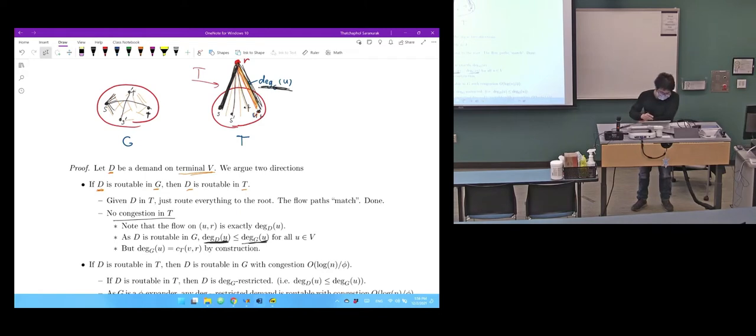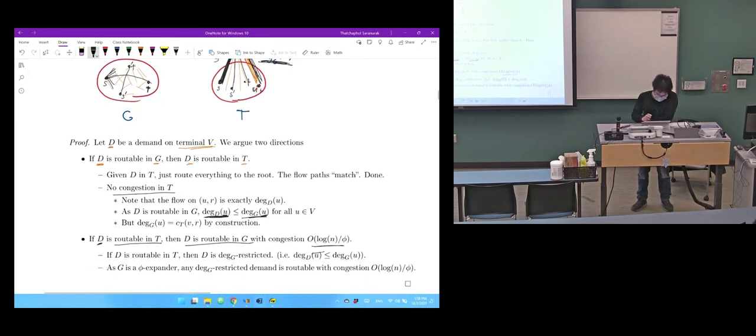And now let's prove the other direction. If the demand is routable in T, then I want to say that it's routable in G with small congestion. And why is that? Well, if the demand is routable in T, then this demand must be degree of G restricted, right?